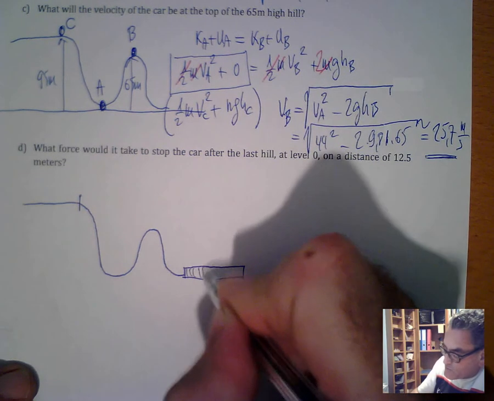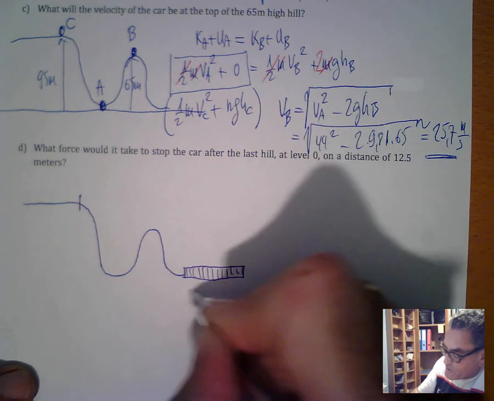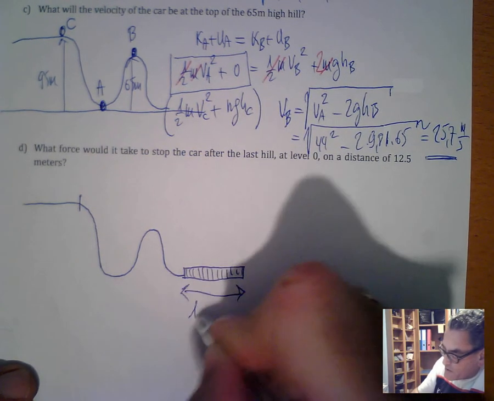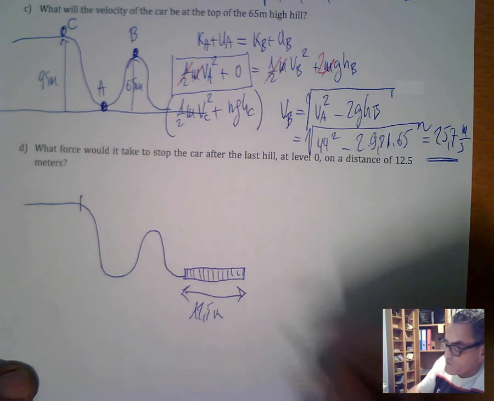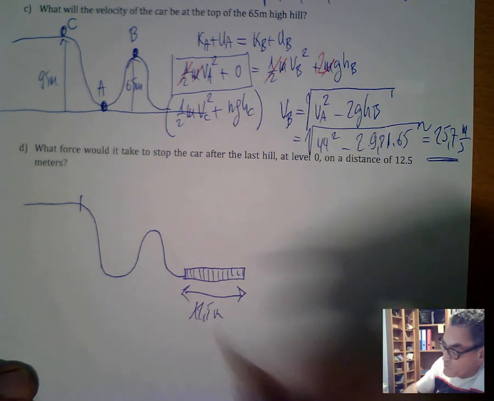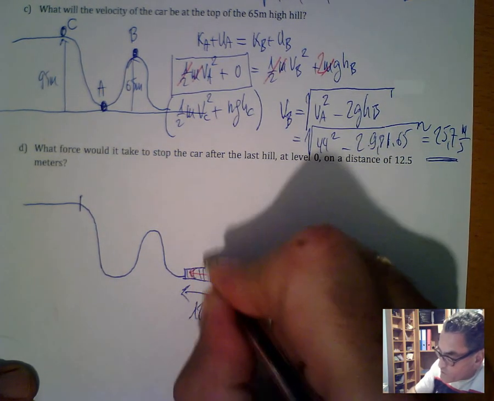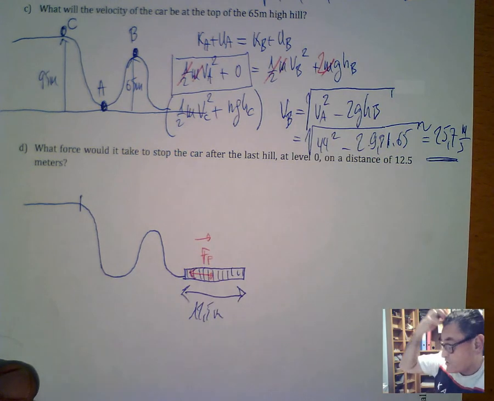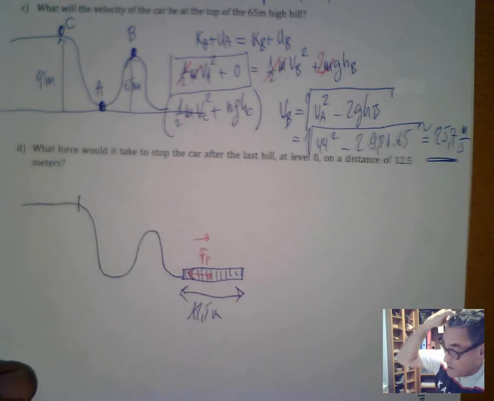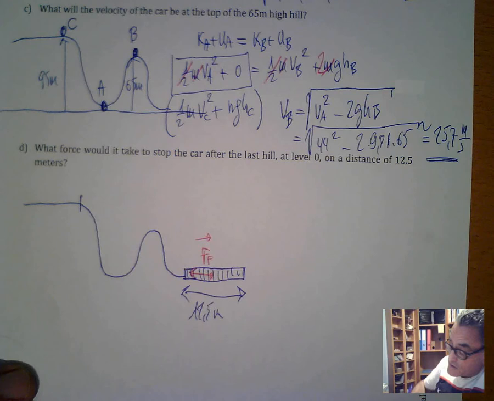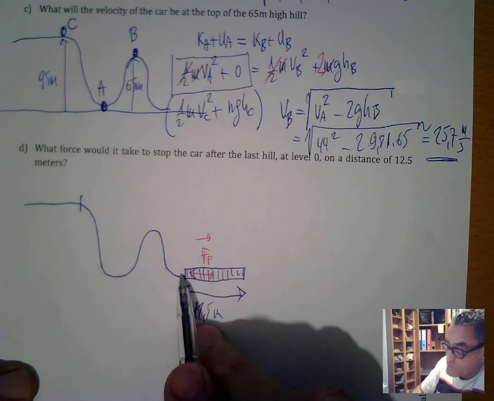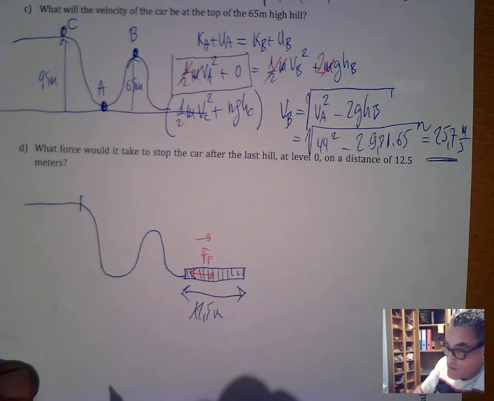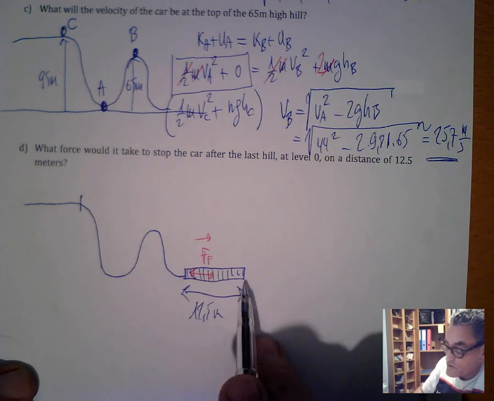And here there is a braking platform, the length of which is 12.5 meters. And on this platform there is a force which acts, it's a friction force, it's a brake which acts in the direction opposite to motion and which transforms the kinetic energy of the system here into heat, okay, over a certain distance.